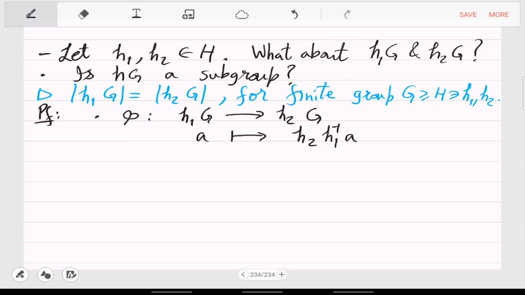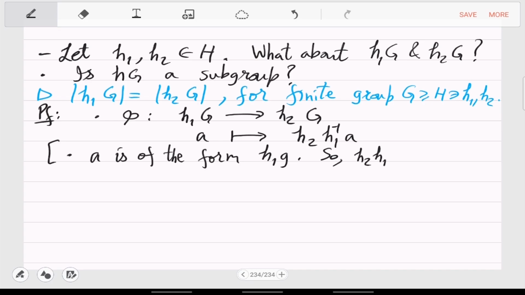So the thing is that A will be of the form H1G, and when you look at the image, H2 H1 inverse A is then equal to H2G.